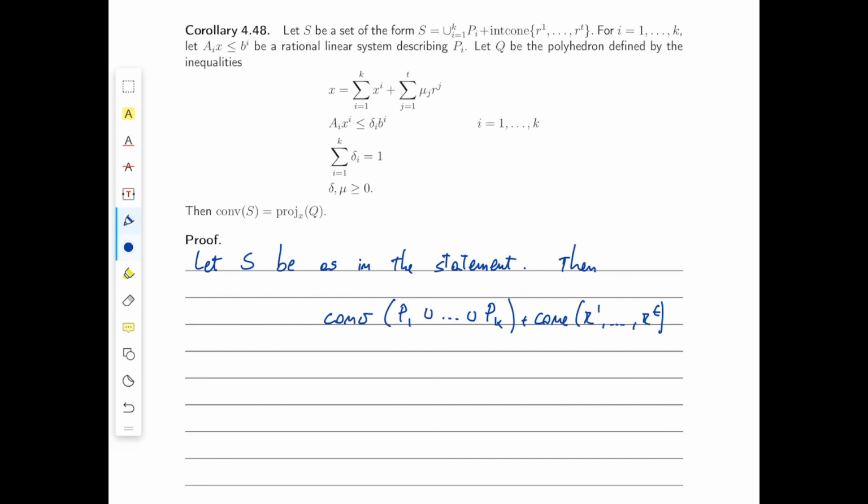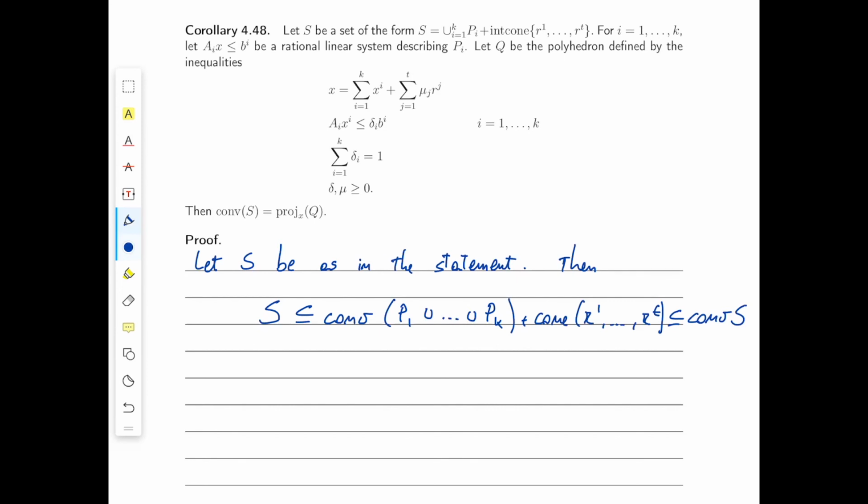Well, for sure it contains S, because S is just a union of those Pi's plus the integer cone of those vectors. And it surely contains conv S, because we're taking S and instead of convexifying it, we convexify separately the two parts in the Minkowski sum.